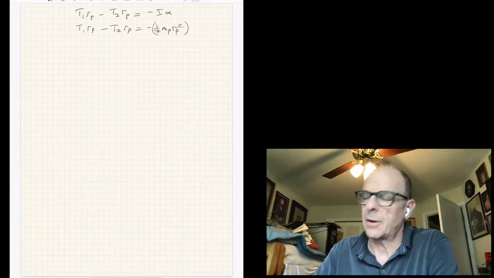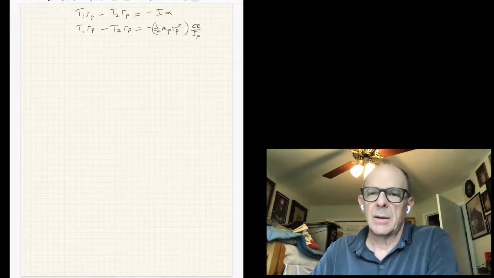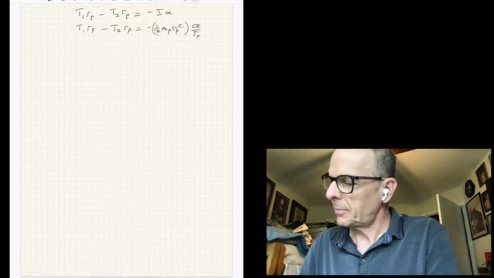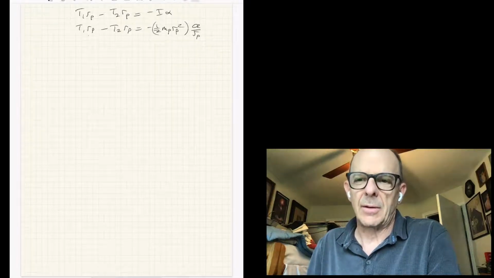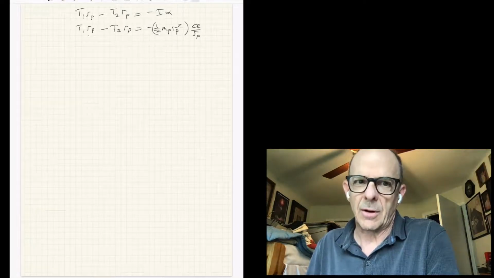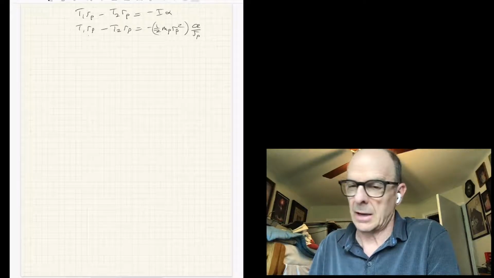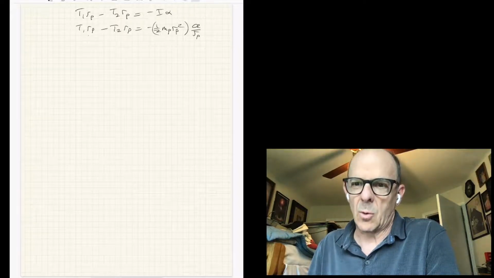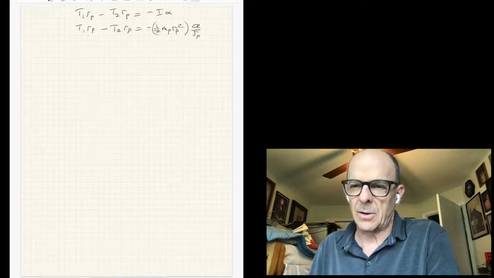That's the moment of inertia, times alpha, but alpha is just A over RP. Now a beautiful thing happens, which is I've got an RP in each term on the left-hand side of this equation, and I have an RP squared over RP, which is just RP on the right-hand side, which means all my RPs cancel.